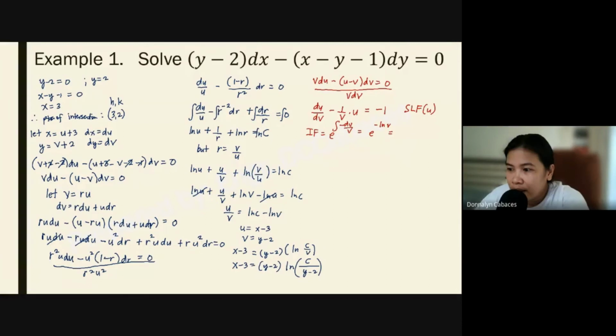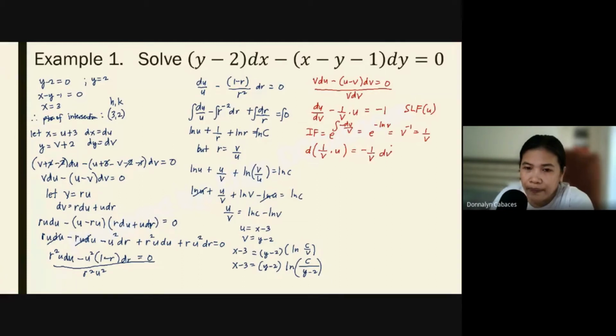Or that is V to the negative 1, or 1 over V. Okay? Then, after finding the IF, we multiply it with the standard linear form, and the left side should be the derivative of the product of 1 over V times U, equal to the right side, negative 1 times 1 over V, which is negative 1 over V dV.